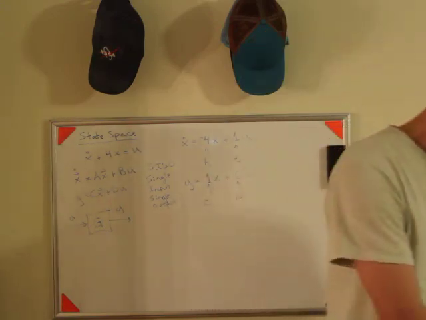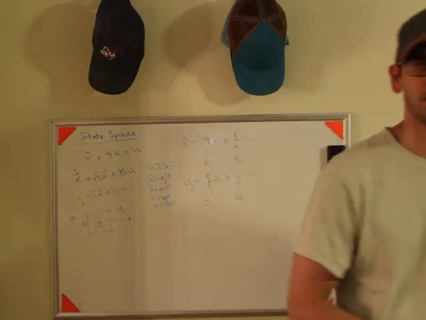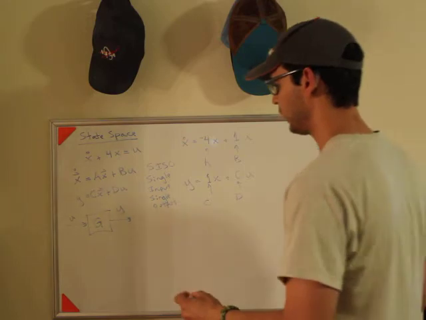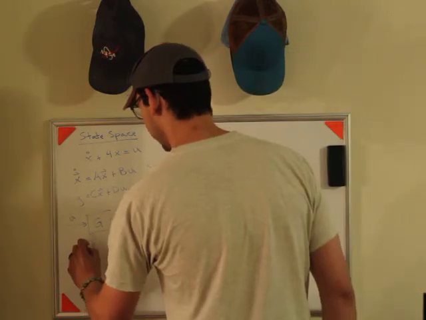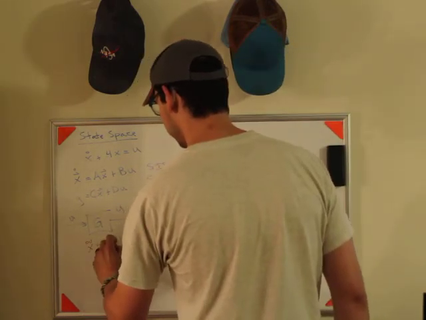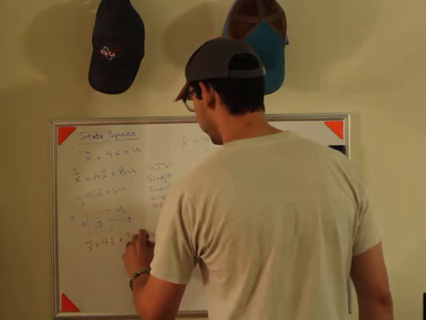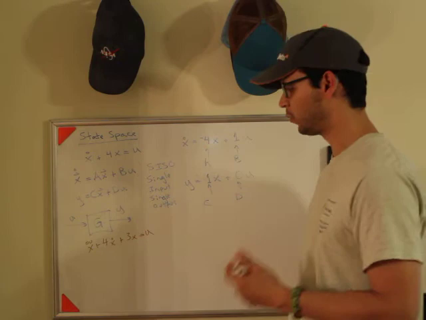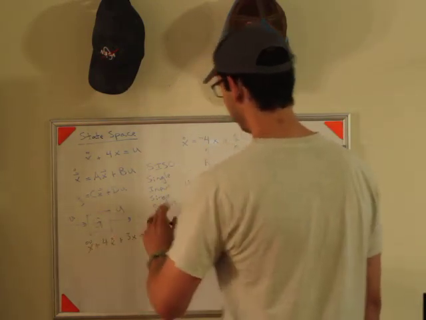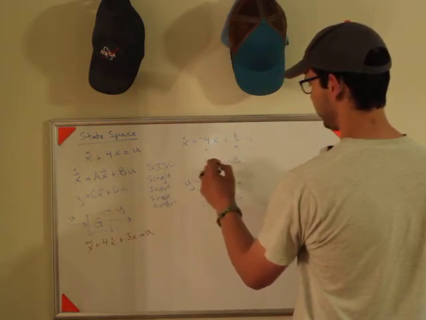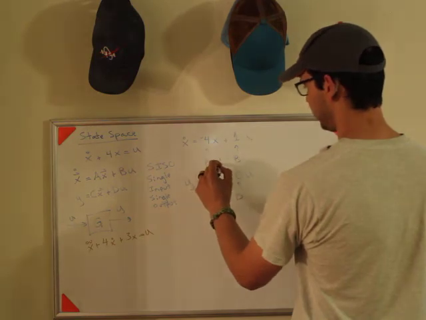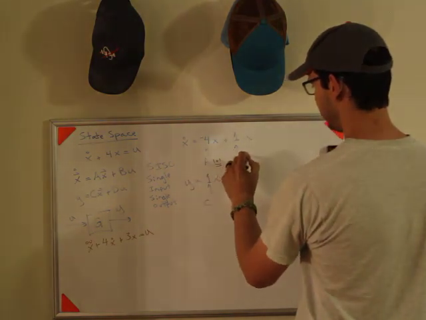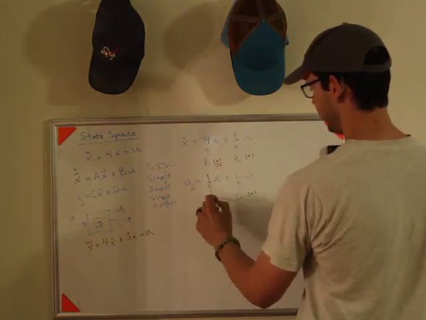But let's talk about what would happen if you get into a second order system. So say you have x double dot plus 4x dot plus 3x equals u. Well, now getting it into this form is not so trivial. And so what you do is, if you look at the size of these matrices, this matrix is a 1 by 1, this is a 1 by 1, this is a 1 by 1, and this is a 1 by 1.